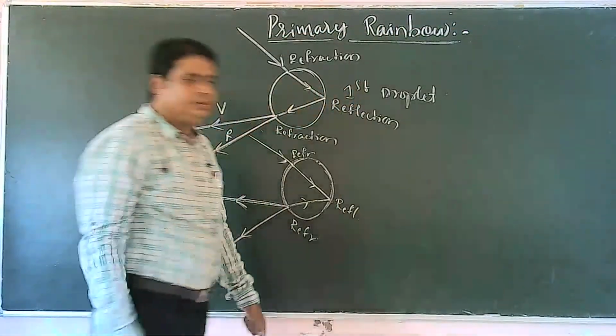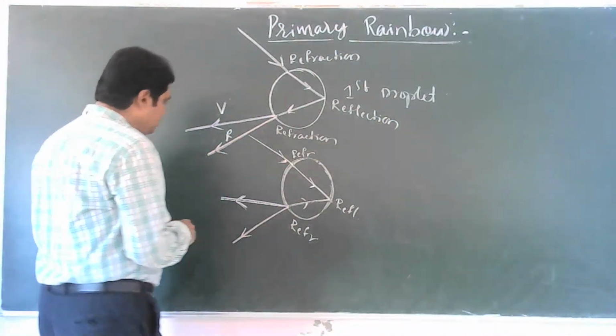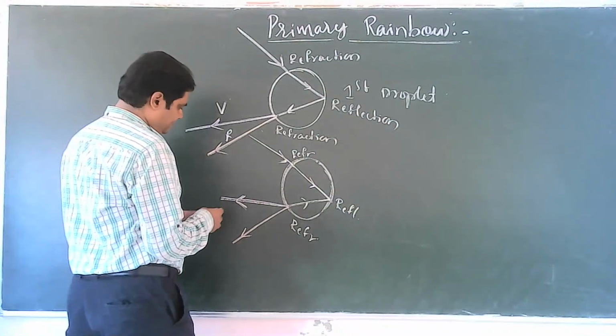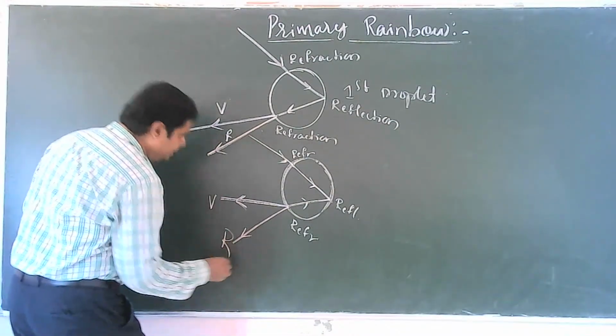Primary rainbow. In the primary rainbow, I have red, here violet, here red.